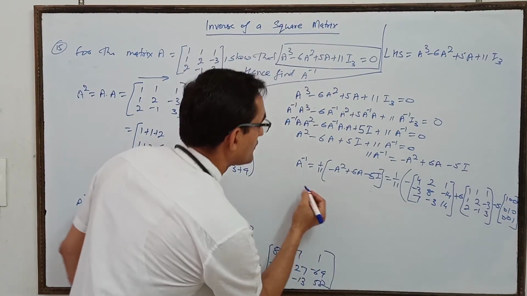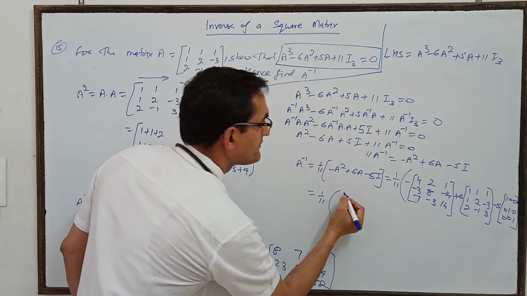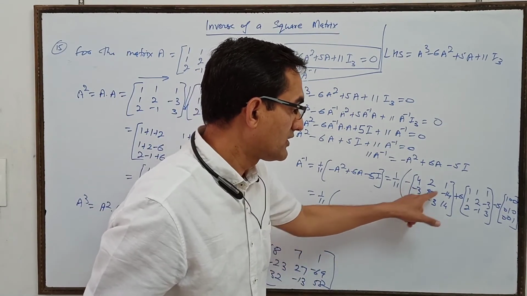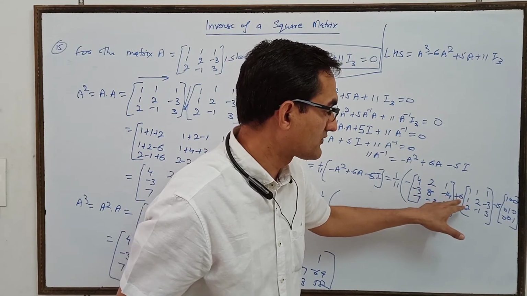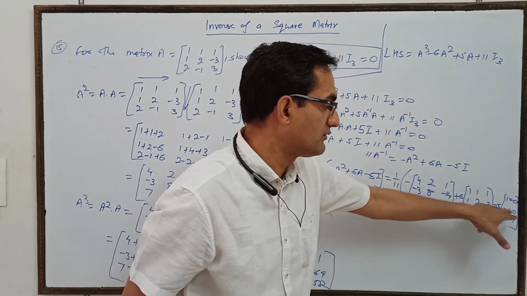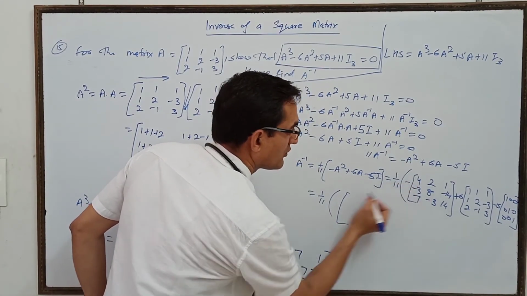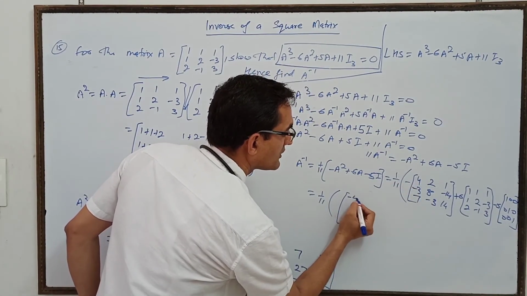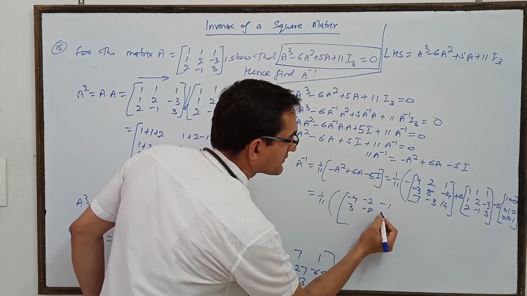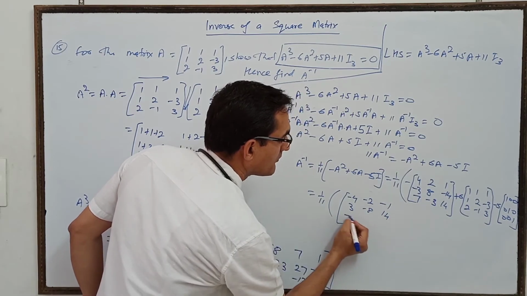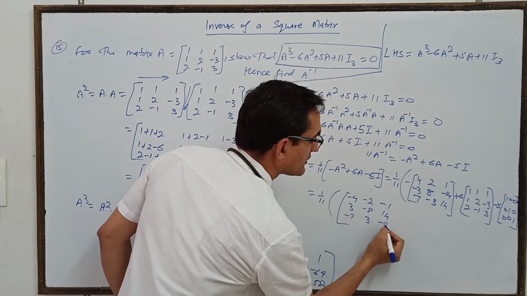Is it clear? So inverse of A is equal to 1 by 11 into, now take minus 1, means all the signs will be reversed. So plus, take plus 6 inside it and minus 5 inside it. Change the sign of each element: minus 4, minus 2, minus 1, 3, minus 8, 14, minus 7, 3 and minus 14.